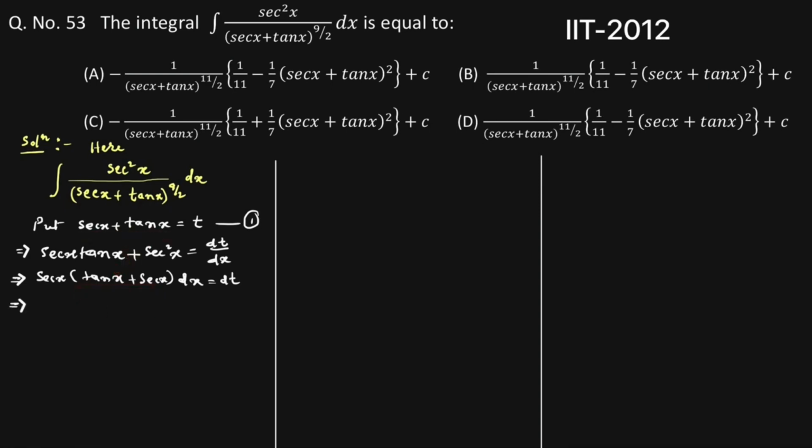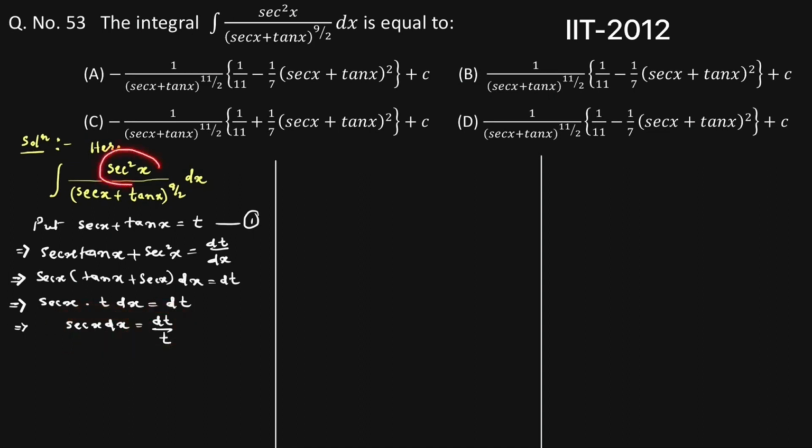Then we are able to write sec x into t dx equal to dt. This implies that sec x dx is equal to dt by t. Now in the place of sec x dx we are able to write dt by t.